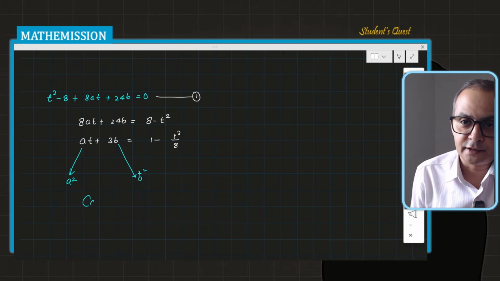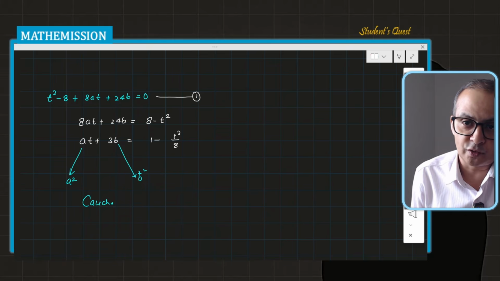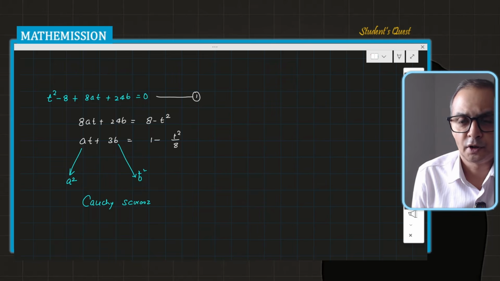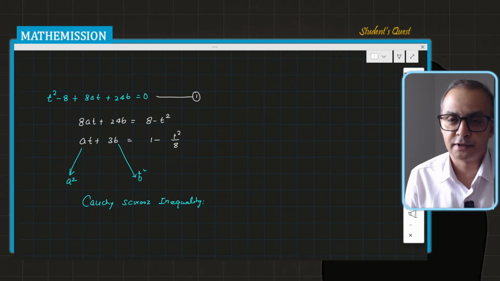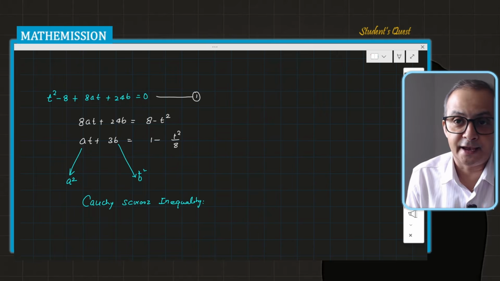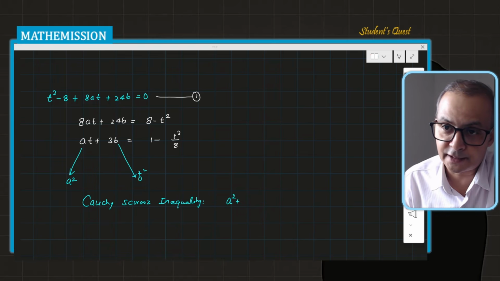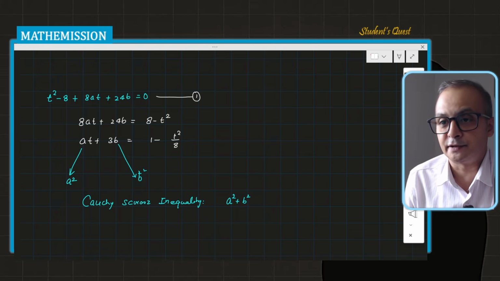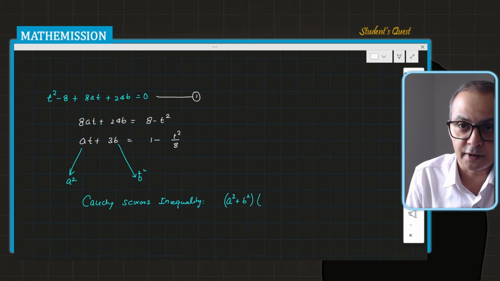There's an identity, or maybe the inequality, the Cauchy-Schwarz inequality. The statement is very simple. Suppose I have a and b, the two elements, and a square plus b square I've taken in product with t and 3.